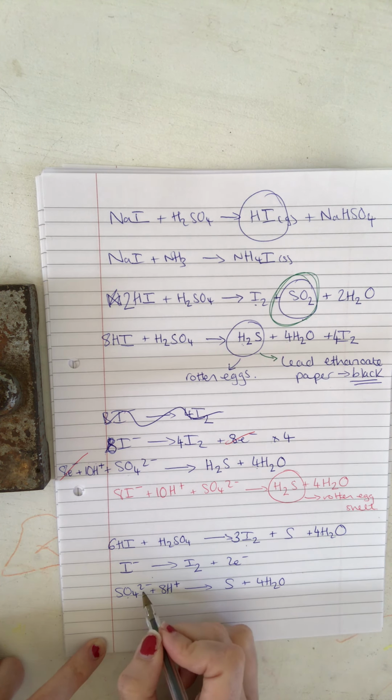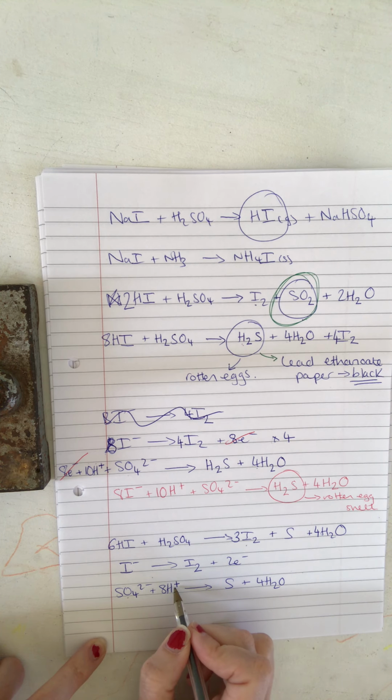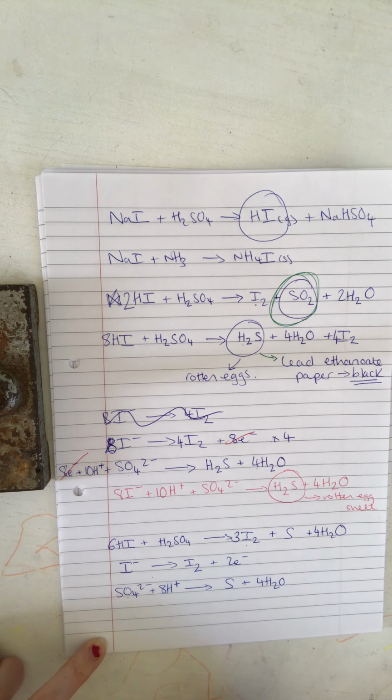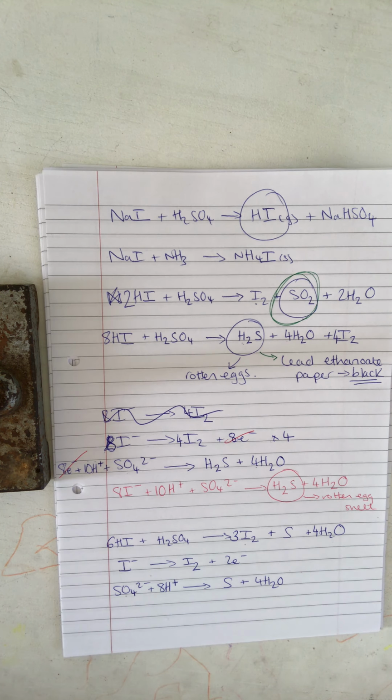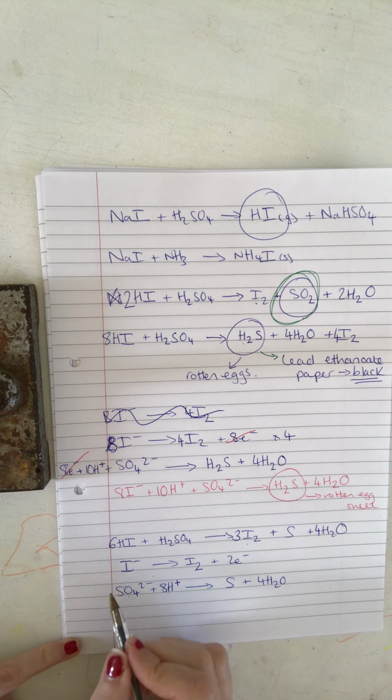Neutral on this side, we've got 2 minus and 8 plus, which means, hang on, what do we need, 6 electrons, is that right?